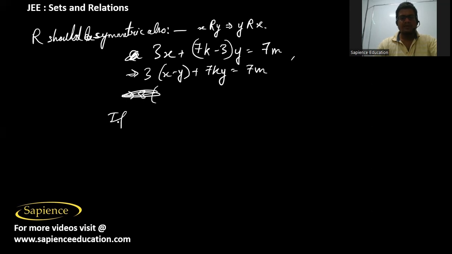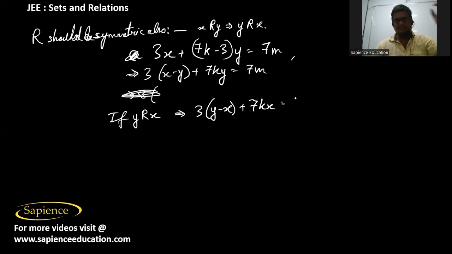Now if y is related to x, it means that 3 into y minus x plus 7kx should also be equal to 7m. So this should also be a multiple of 7. Now from here we can say that this 3 into y minus x is equal to 7ky minus 7m.